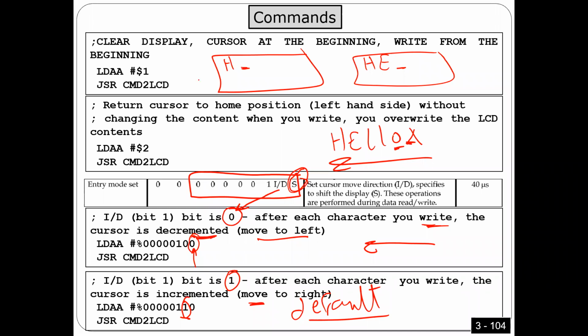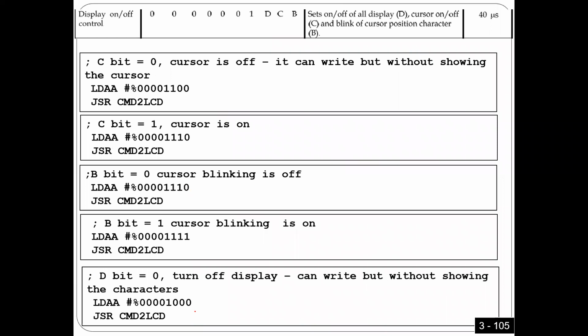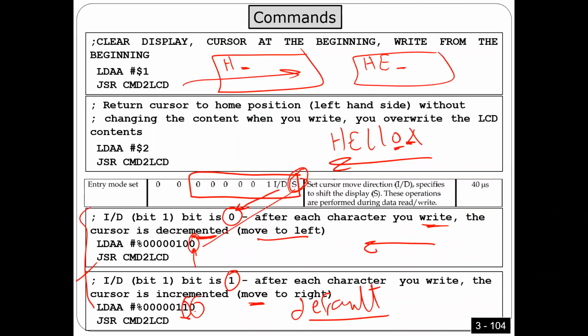This is the default, but you can change it if you want. I put S in both cases. I put 0 because no shift. If you put 1 here, you can shift the display.